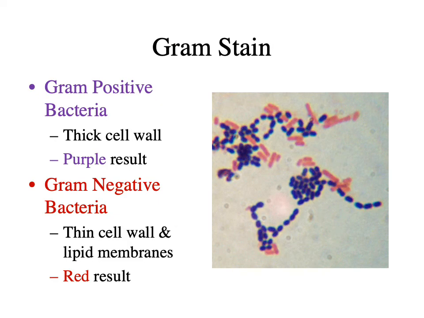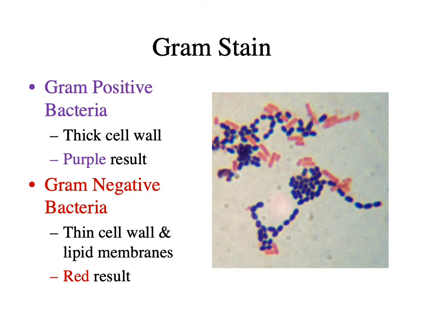One of the most important stains that you will learn about is the gram stain. There are two types of bacteria that you will see in the gram stain. It will either be gram-positive or gram-negative bacteria. The gram-positive bacteria will stain purple, and the gram-negative bacteria will stain red.